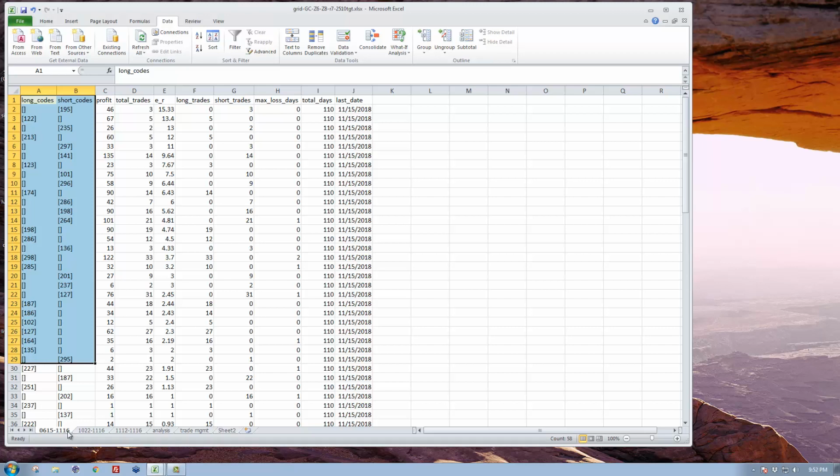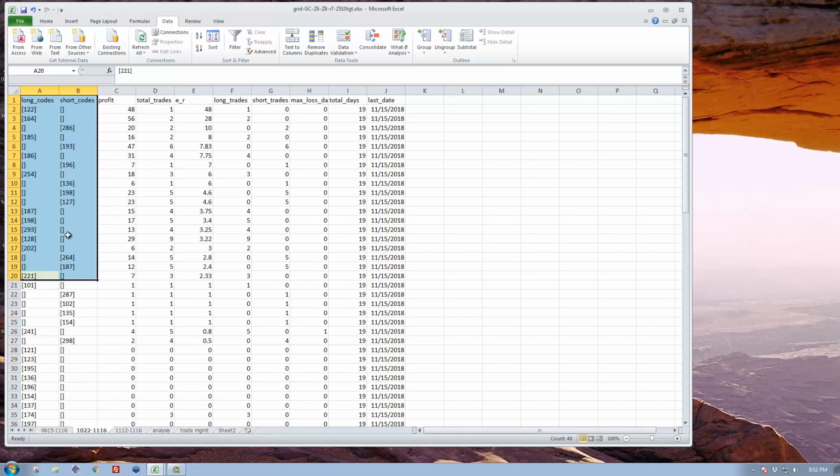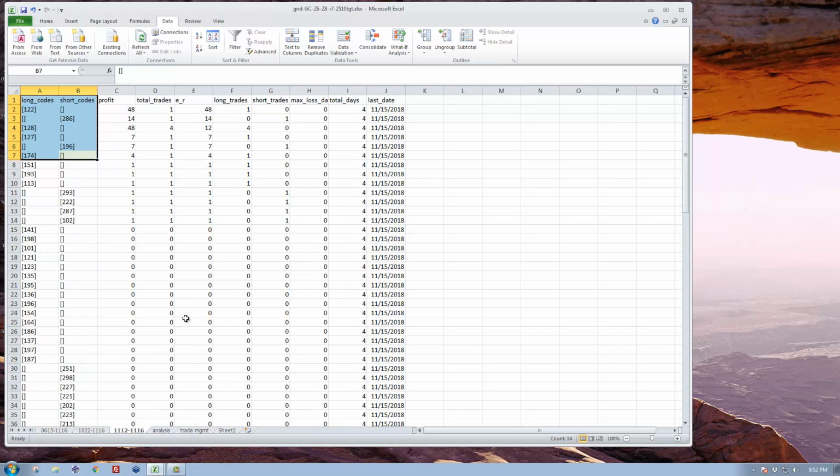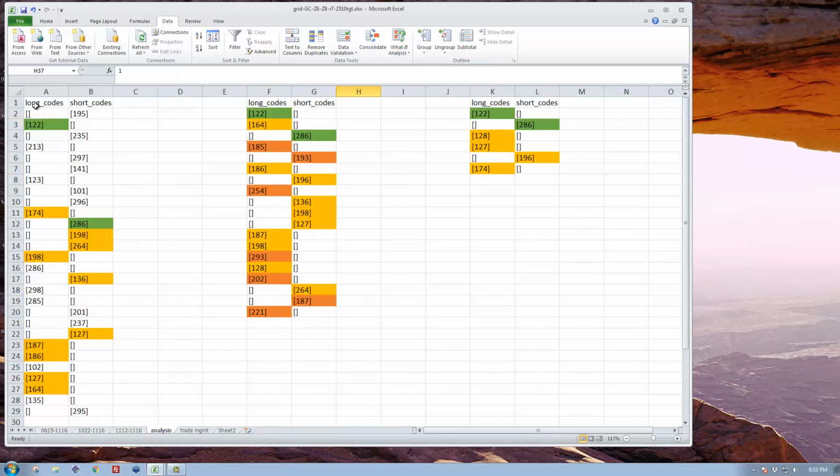I pulled the data for gold on Thursday in order to get all this work done in time. Here's the last 4 weeks, and here is last week. Okay, and then it's the same analysis, right? So you do the same thing. It turns out that there is one code that shows up in all samples. And in fact, you'll notice that it's pretty high up.